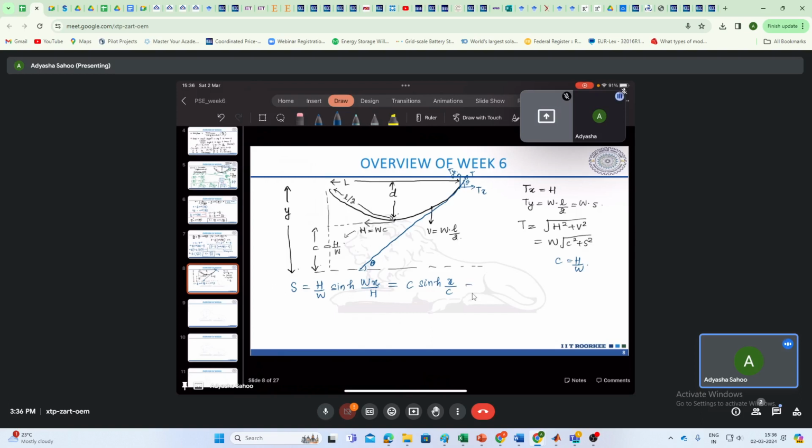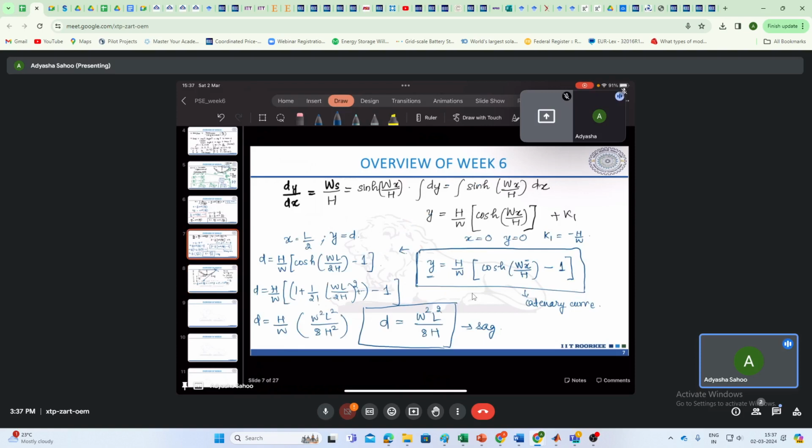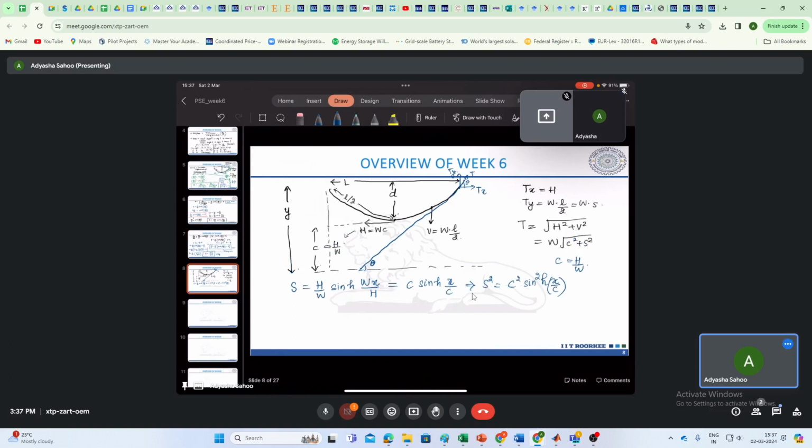So squaring this here, we'll get S square as C square sine square hyperbolic x by C. And similarly, for y, we had seen this relation basically. So y was h by w cos hyperbolic wx by h plus k1.